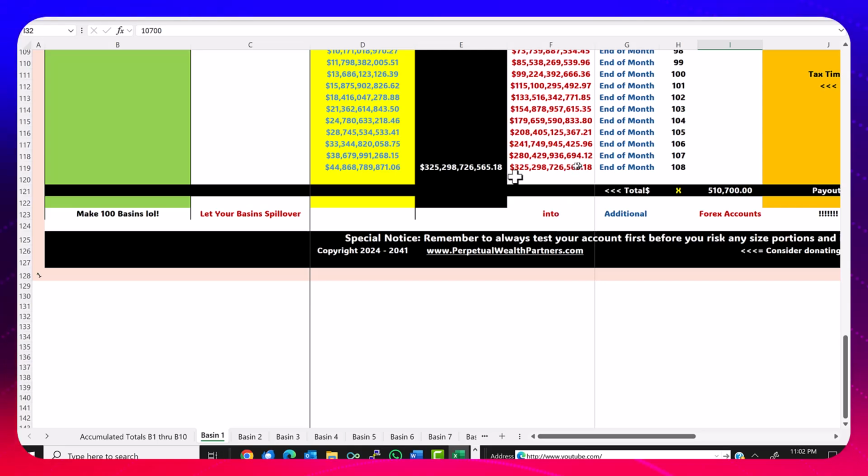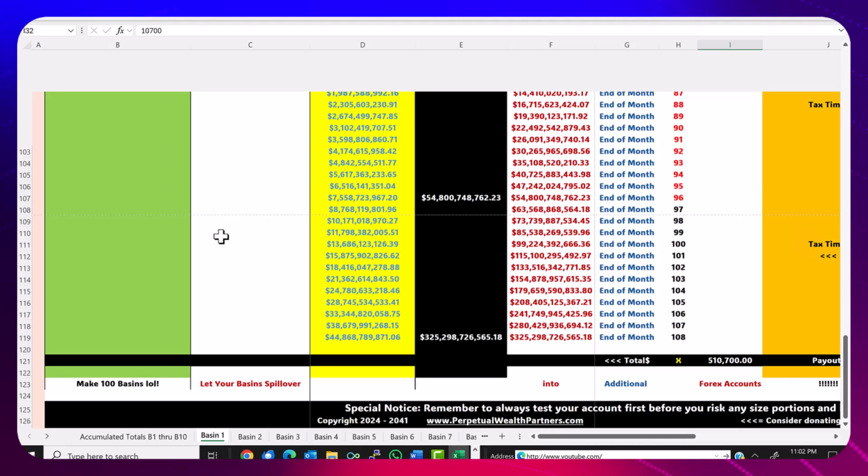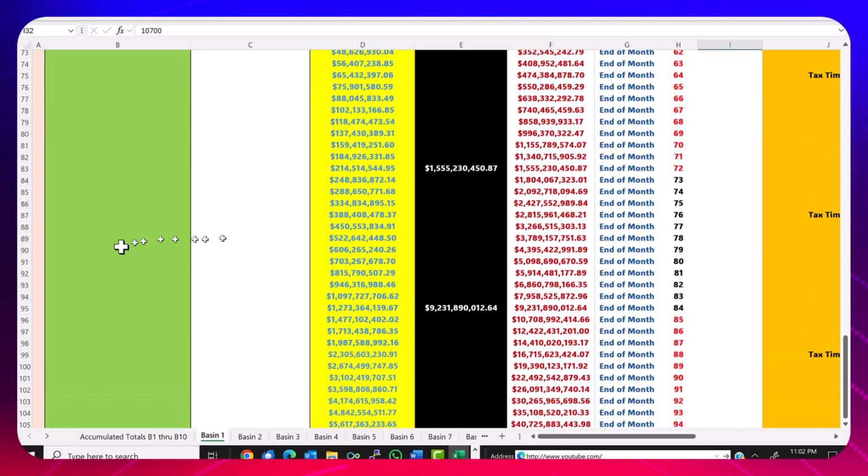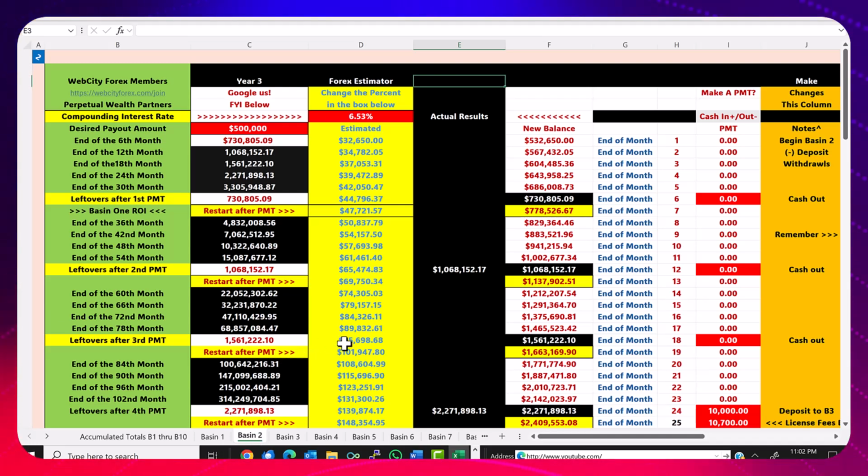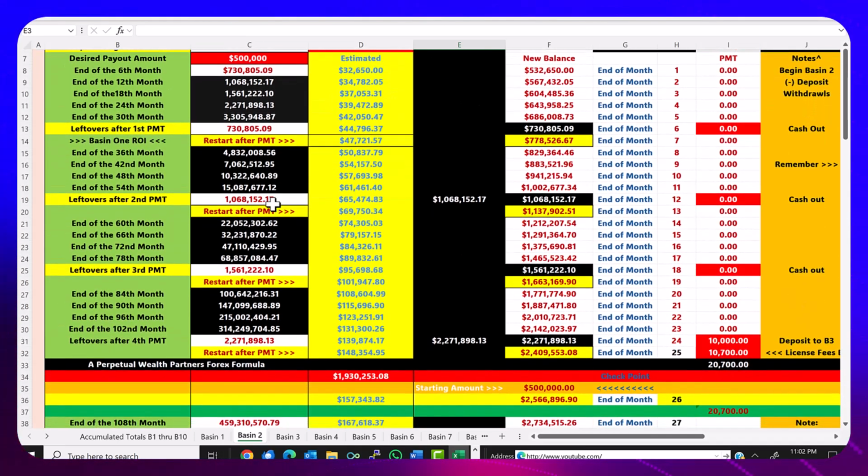These numbers down here are, now notice all we did was just do basin one. Let's go to basin two and see what just happened to basin two because we put 500,000 in. And obviously it went nuts.